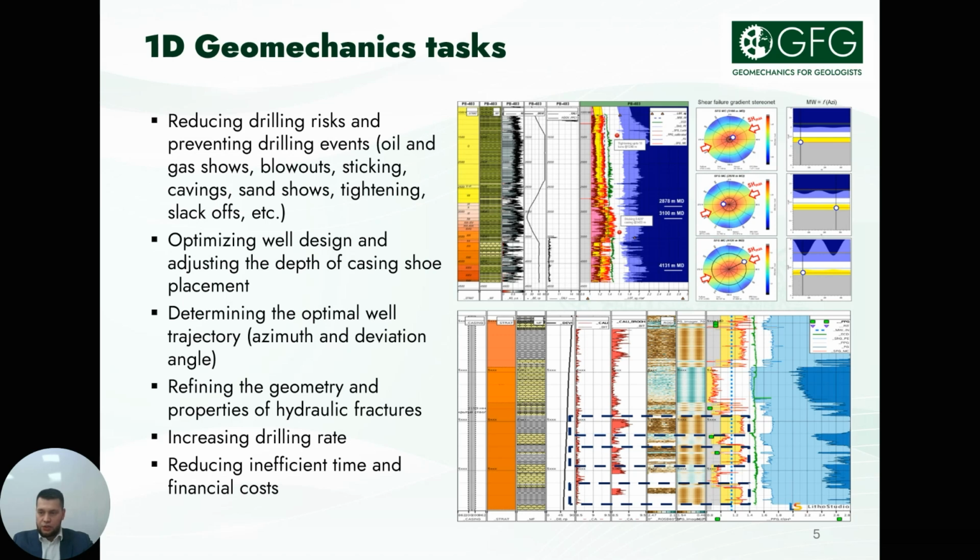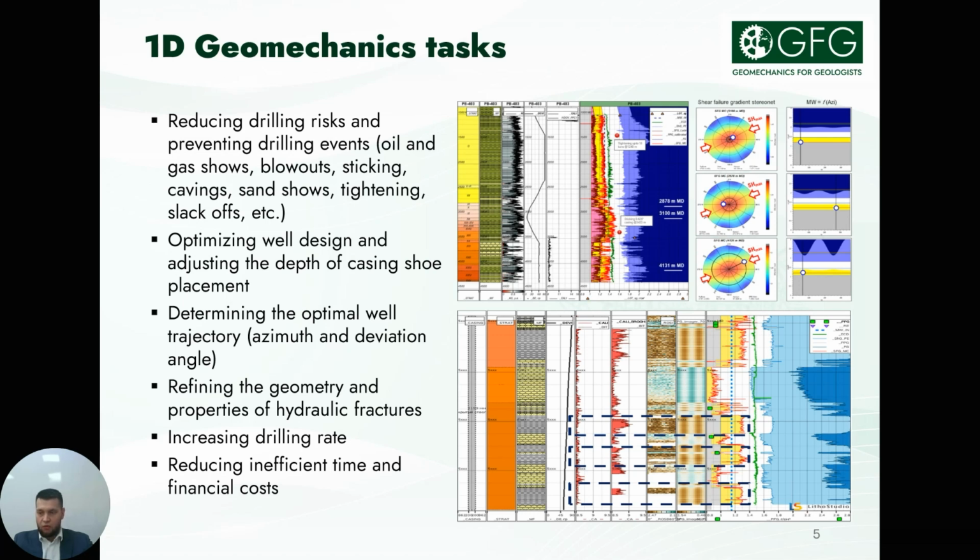So let's discuss what a 1D geomechanical model is, and what its main tasks are. A 1D geomechanical model is a model of mechanical properties and stresses built along a specific well. As a rule, this is a set of properties in the form of a continuous curve.